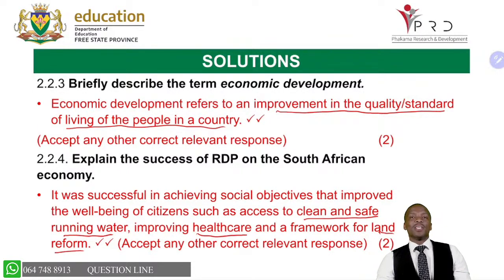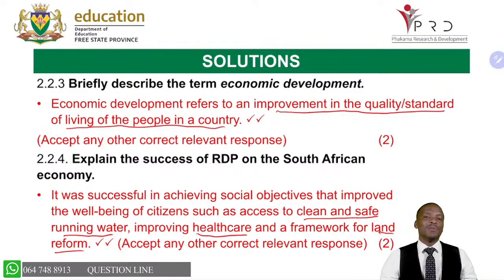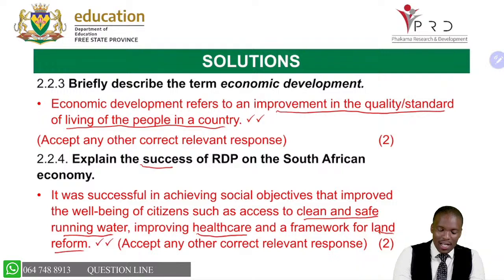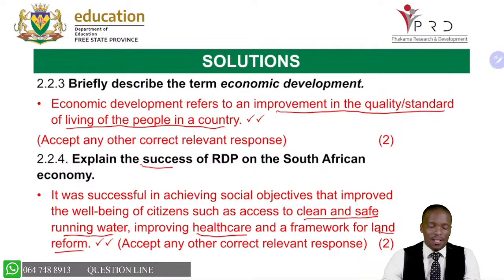Or you could tell me the opposite, that it has not been successful because there are still more people that don't have access to clean water, housing, or health care. So here, it has been successful or it has not been successful.